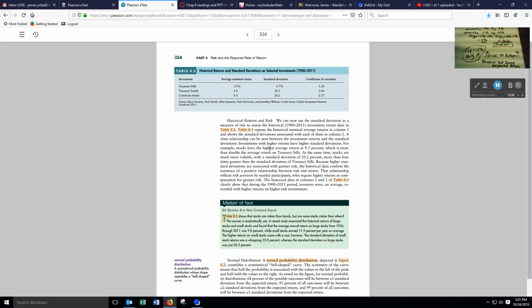Okay, stocks have the highest returns at 9.3%, which is more than double the average returns on a treasury bill. At the same time, stocks are much more volatile with a standard deviation of 20.2%, more than the 4.7% that we get from the treasury bills.